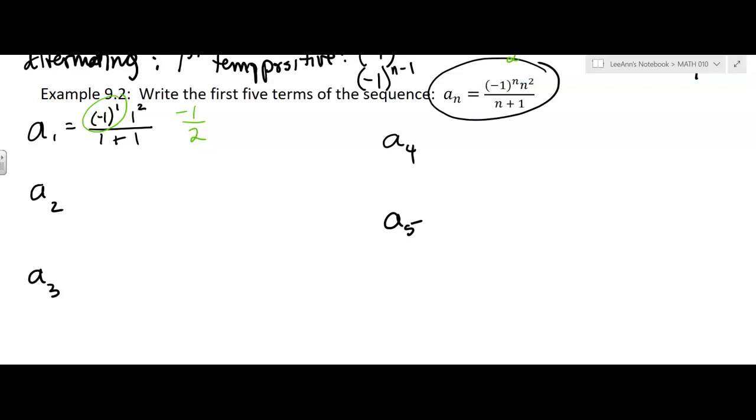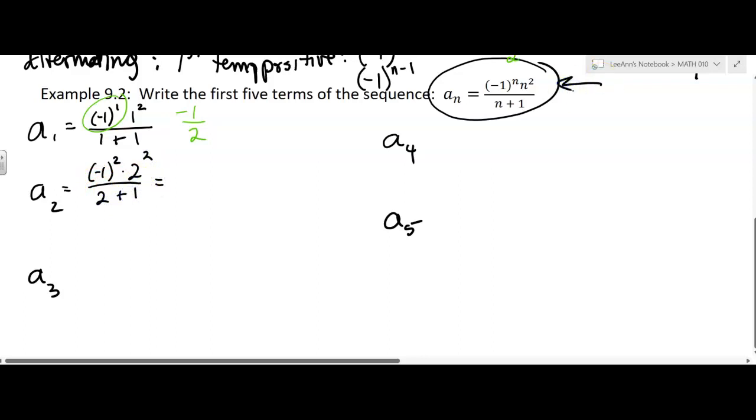Okay, now we'll go to the second term. I'm going to have negative 1 squared times 2 squared over 2 plus 1. I always go back to this formula to plug in my n value. So now in the numerator, it's going to be a positive 1 times 4, and the bottom is going to be 3.